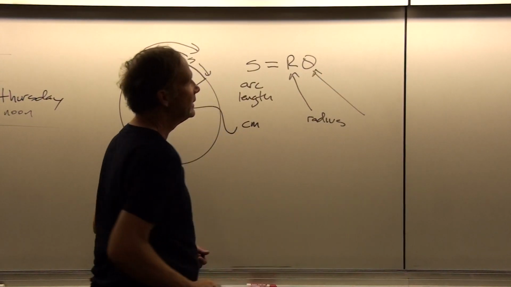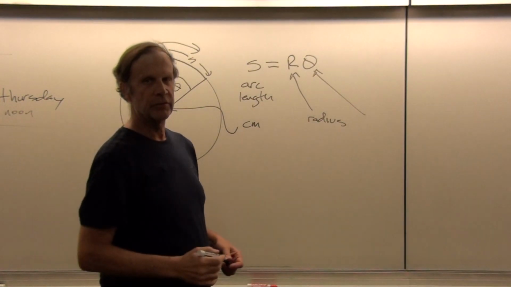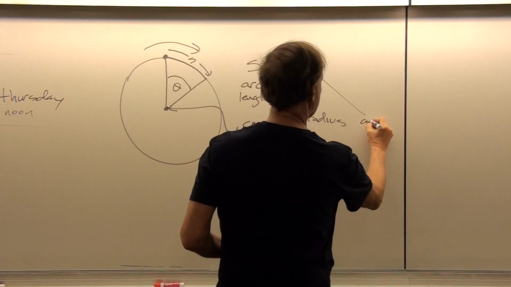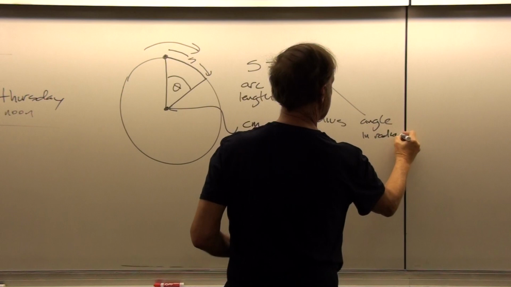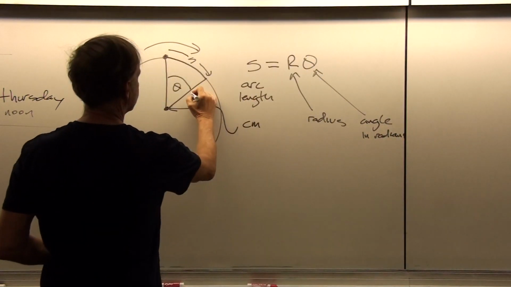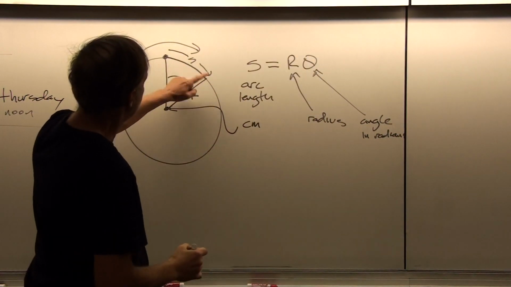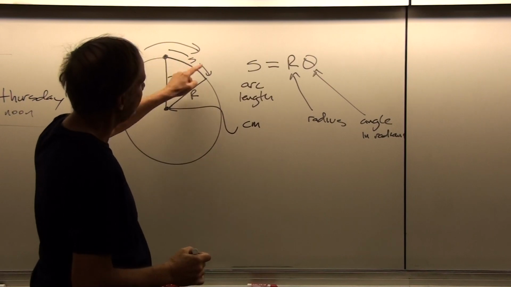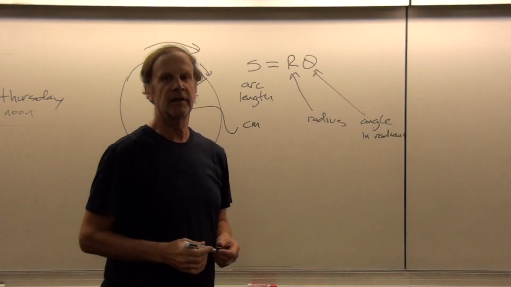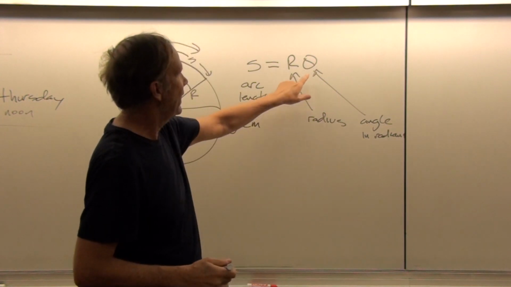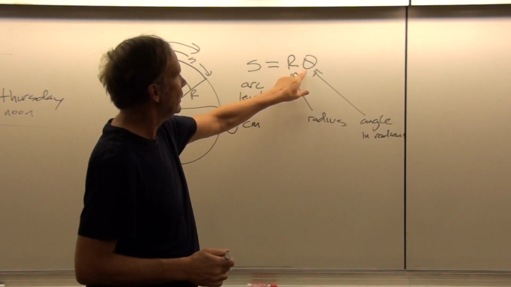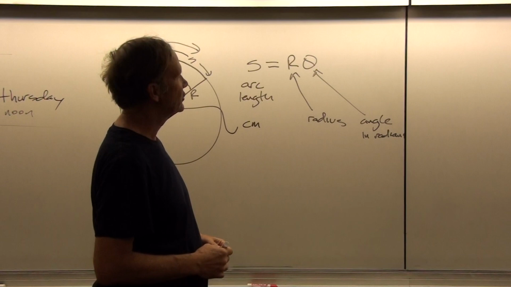And theta is the angle measured in radians. All right, so associated then with this wheel rotating through an angle theta, it also has an arc length distance s, and s is equal to r theta, but theta must be measured in radians.